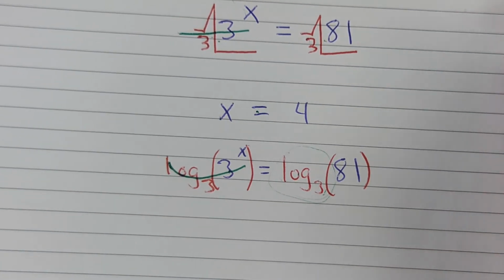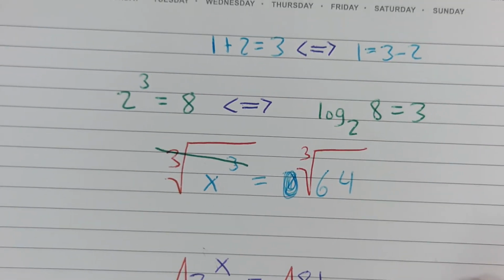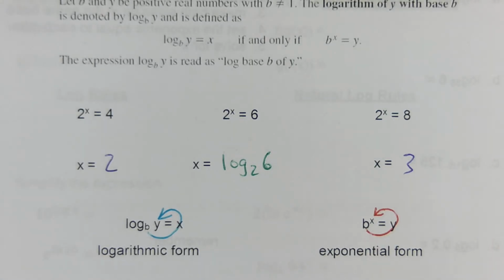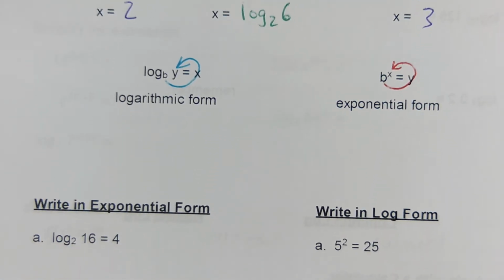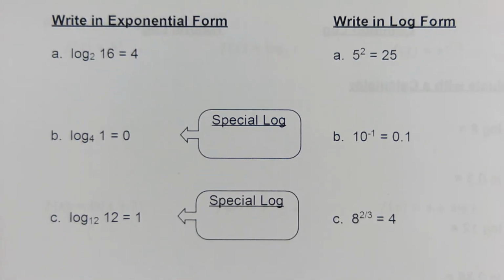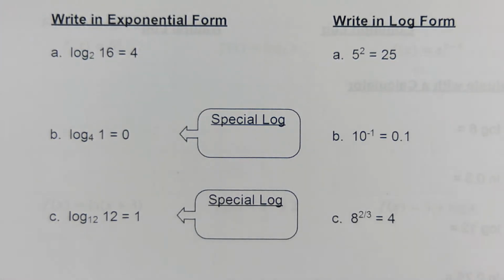Now that you have seen what they are and what they do, let's work with these things. So you just use it to find out what power you need to raise the base to, yes. It's called a base because it's representing the exponential base, and your answer is the exponent.